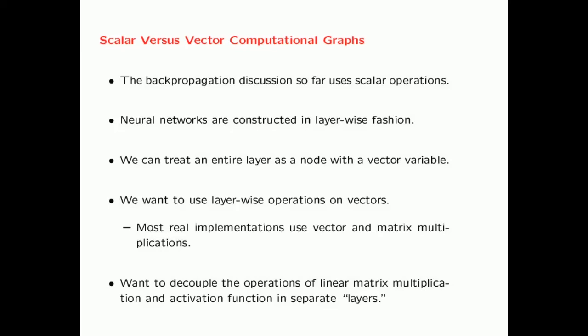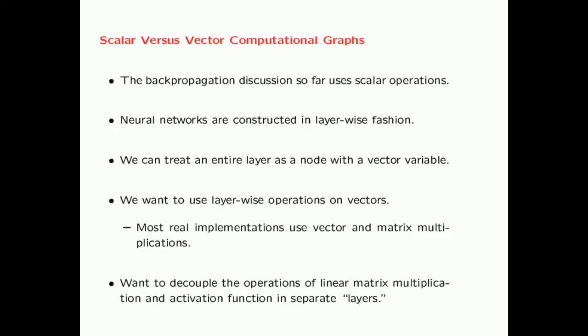The other different way in which we will look at computational graphs in this part of the lecture is that we will look at vector-wise computational graphs. So far, we have only looked at computational graphs with scalar operations. That means the nodes contain scalar variables. Here, we will look at computational graphs in which the nodes contain vector variables. Note that neural networks are typically constructed in layer-wise fashion. We can treat an entire layer of a neural network as a node with a vector variable.